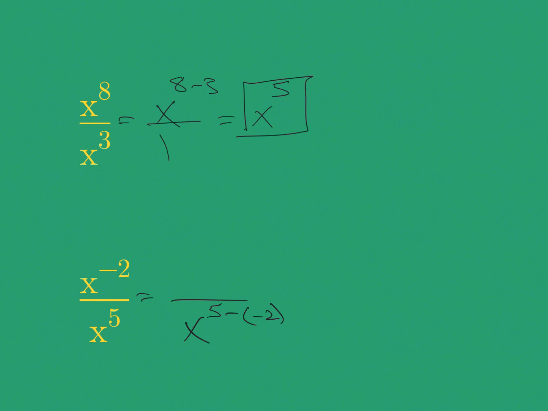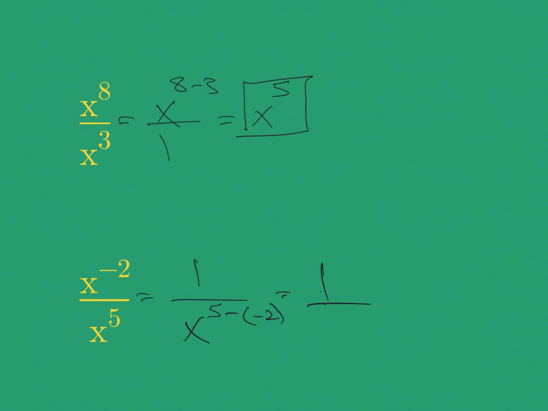Now, because we're pulling everything to the bottom, there's nothing left on the top. What must you show on the top if there's nothing there? Must show a what? A 1. Put a 1 up there. You have to show the 1 up top. What is 5 minus negative 2?